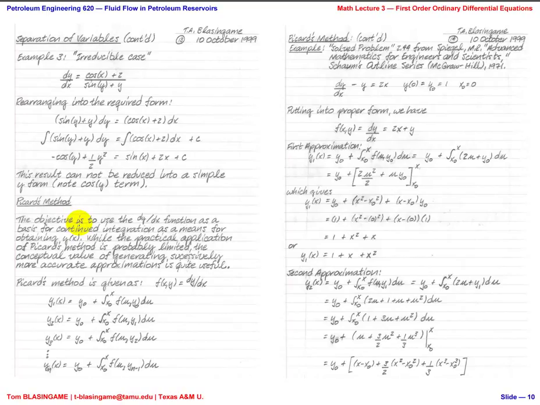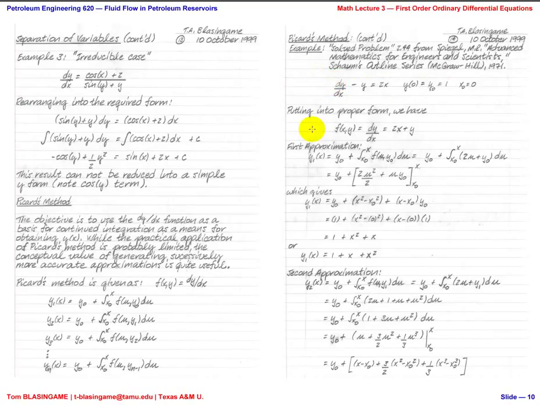So Picard's method is basically to construct a polynomial based on the successive integration and addition of terms.